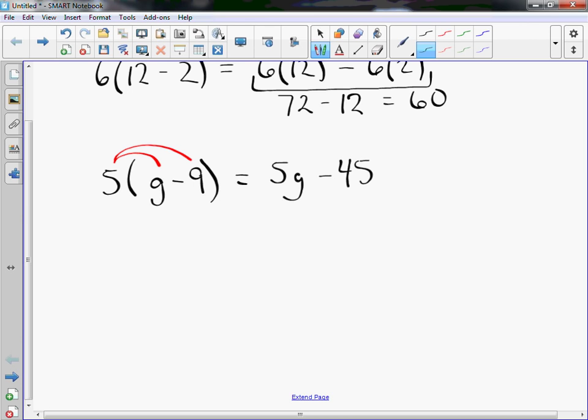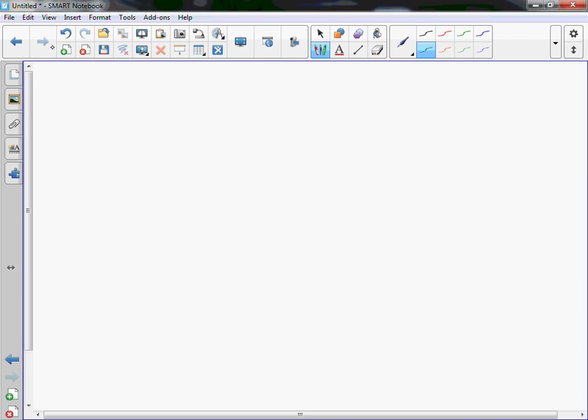Okay, we've already talked about what terms are, so let's talk about what like terms are. Like terms are terms that contain the same variables with corresponding powers or exponents.